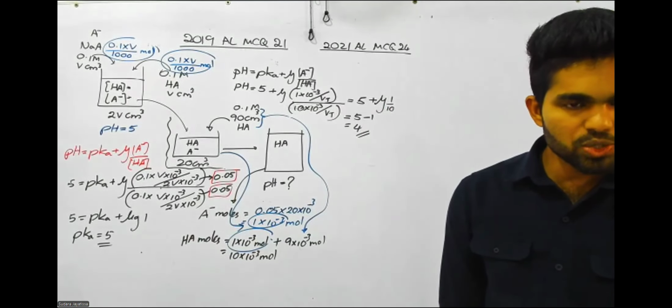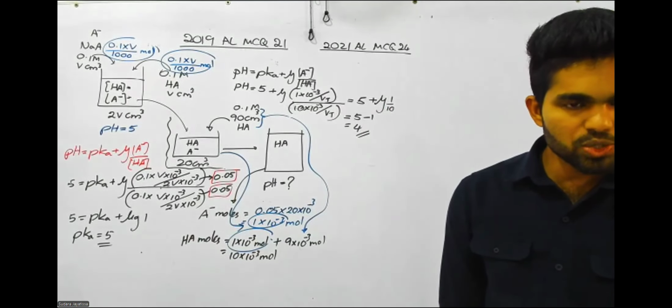Okay, now let's look at the 2021 A-level. There's a similar question to this. A buffer solution at constant temperature contains a monobasic weak acid, Ka value is given, and its sodium salt.